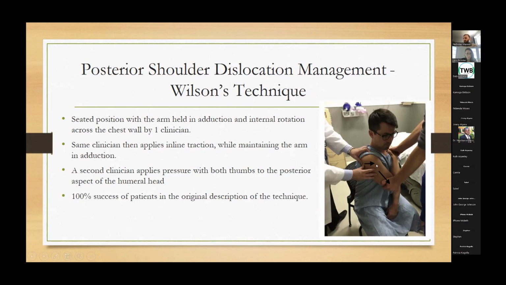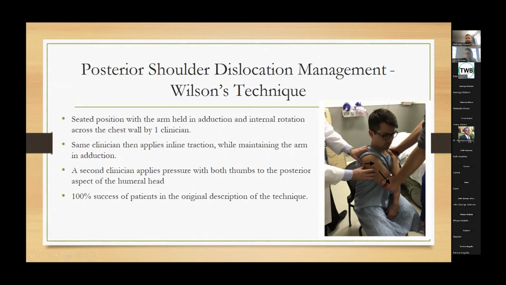So basically there are three movements here. The first movement is abducting the hand across the body. Then you apply a downward traction just to disimpact the humeral head off the glenoid rim, and then apply a gentle posterior force anteriorly so that you move the humerus from the posterior position back into the glenoid fossa, which you're seeing this second arrow pointing at.